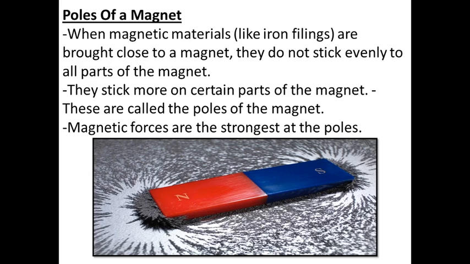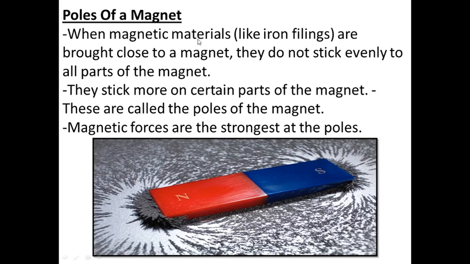Okay, so every magnet has a north pole and a south pole, and this property is known as the directive property of a magnet. Okay, we will find out why every magnet points in the north-south direction later in this lesson. But understood?